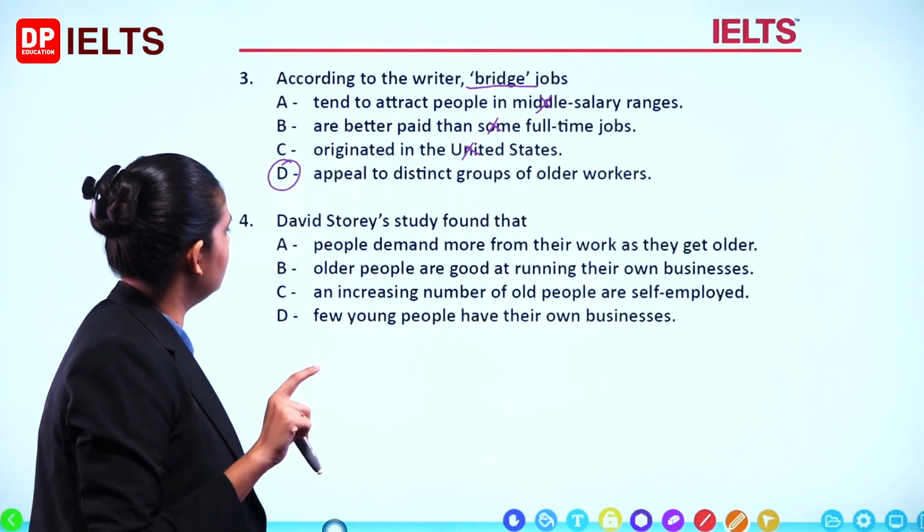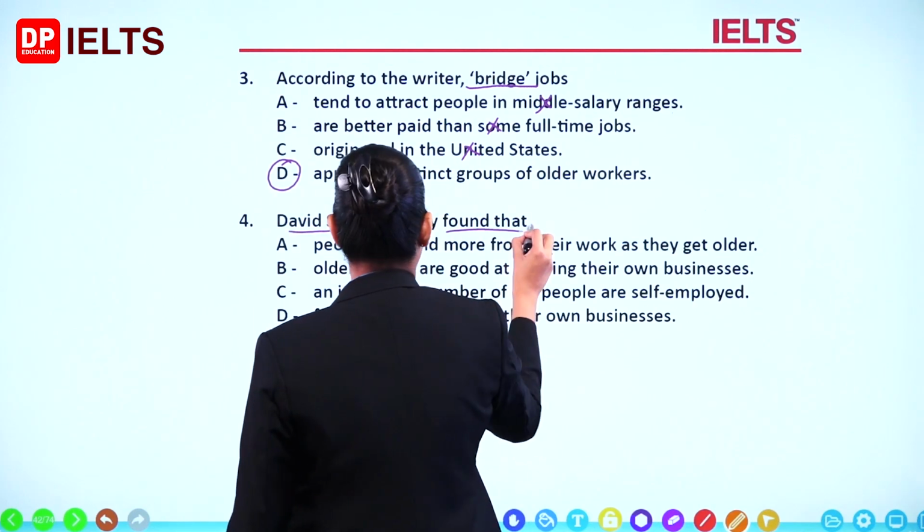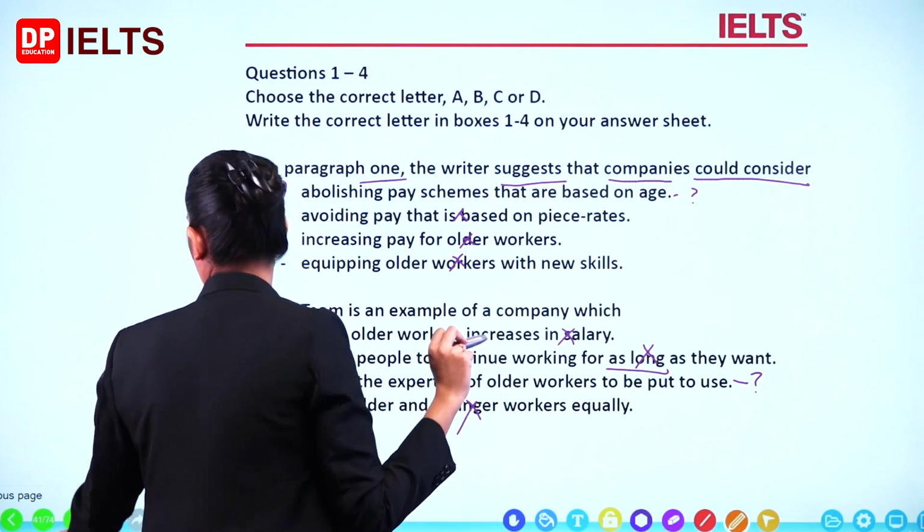David Storey's study found that what? Let's scan for David Storey.